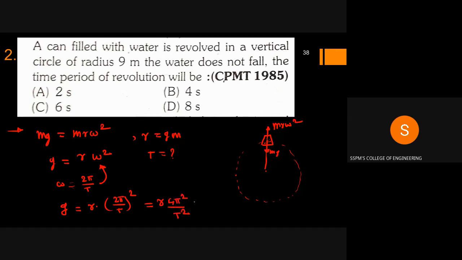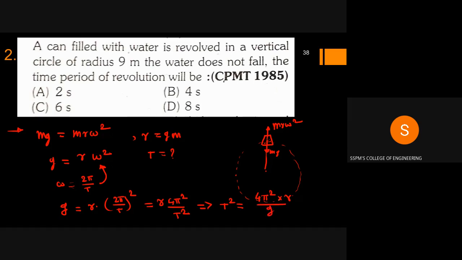Now write this equation for T. T square is equal to 4 pi square into r upon g.